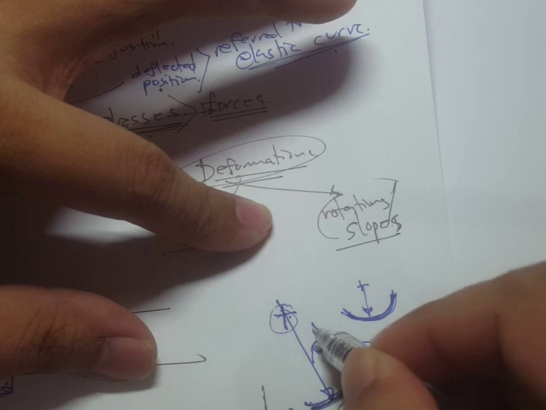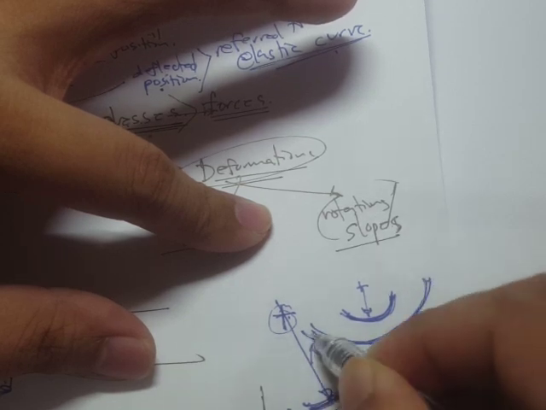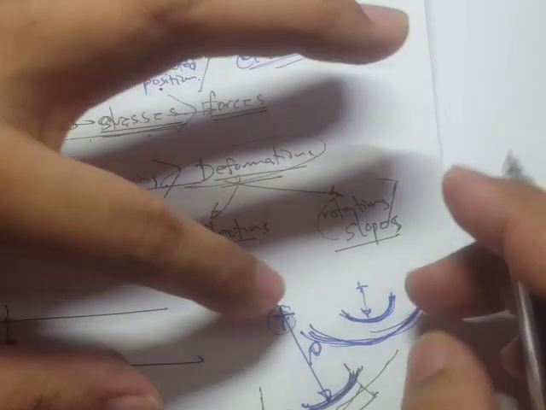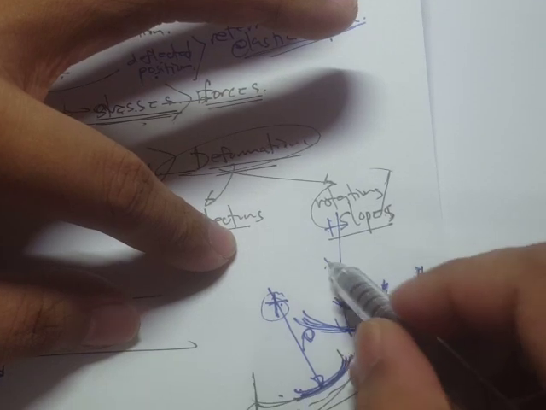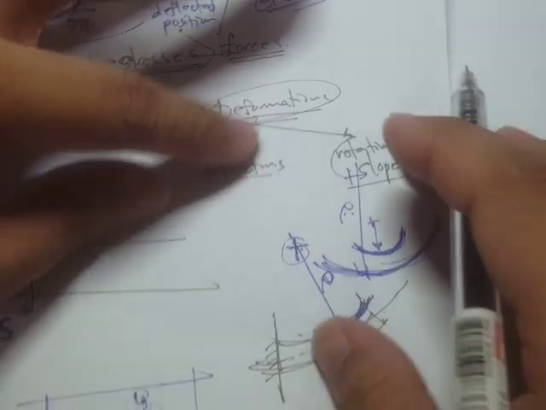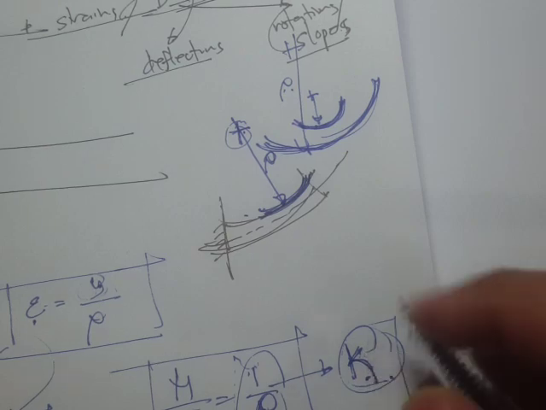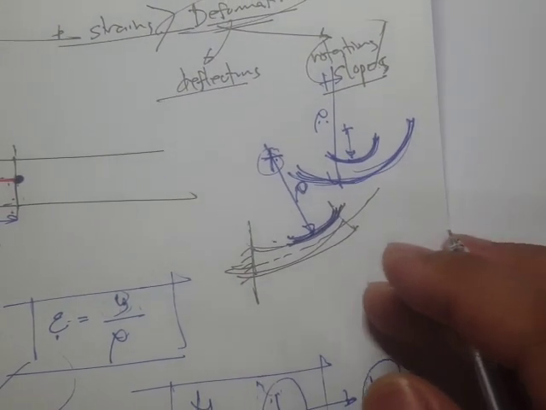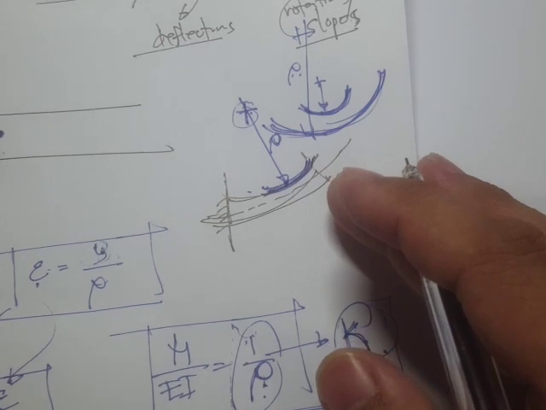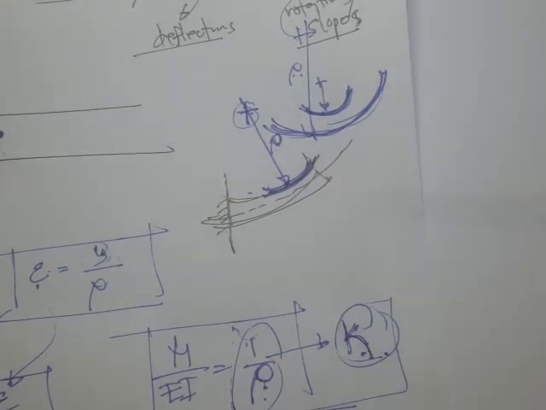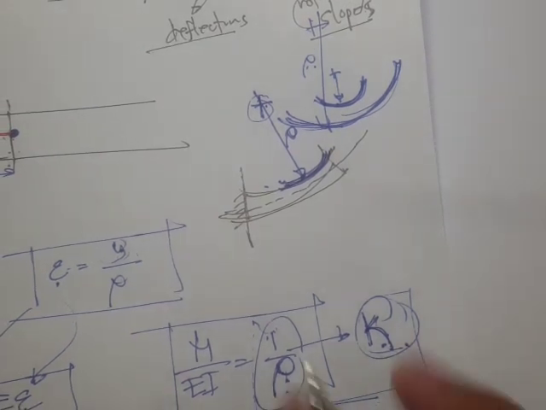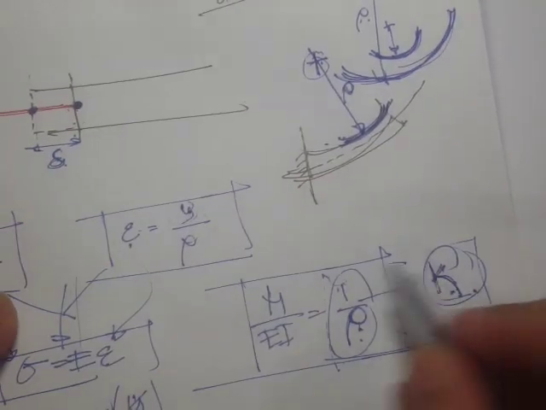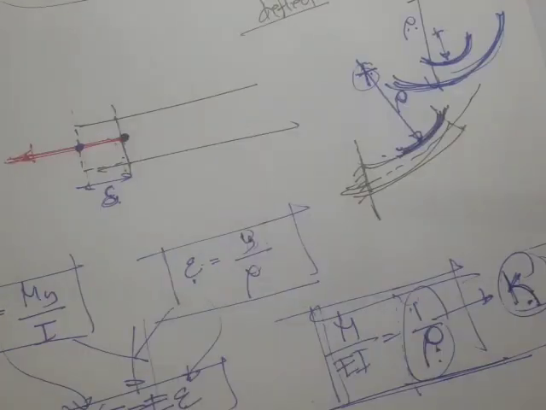But if you have a less curvy one, then of course the radius of curvature would be large. So again, curvature is a measurement of whether it is a sharp curve or a less sharp curve.